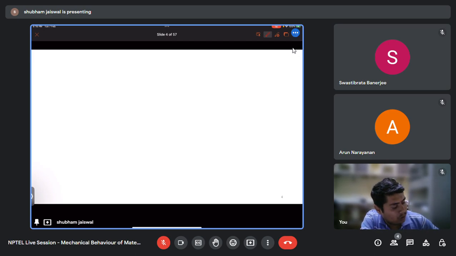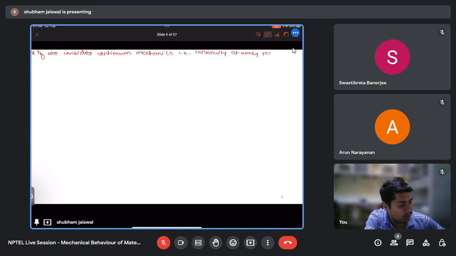Then after this concept, we came across the concept of continuum mechanics, which defines stress and strain. A material that has continuity at every point and a uniform distribution of characteristics, we call a continuum.